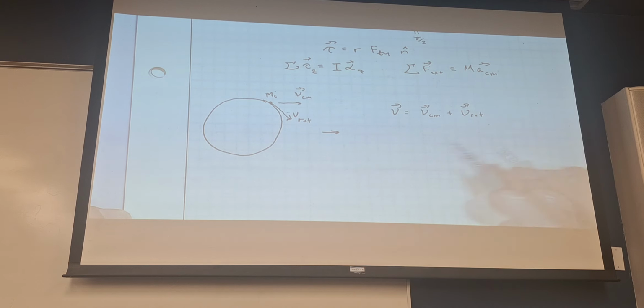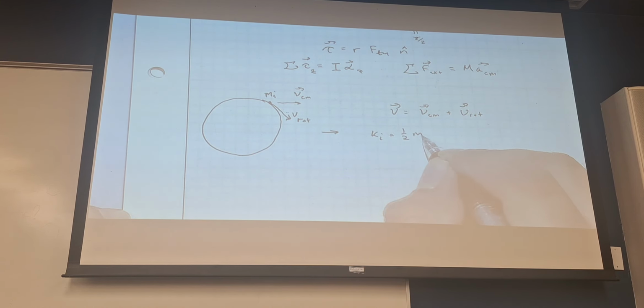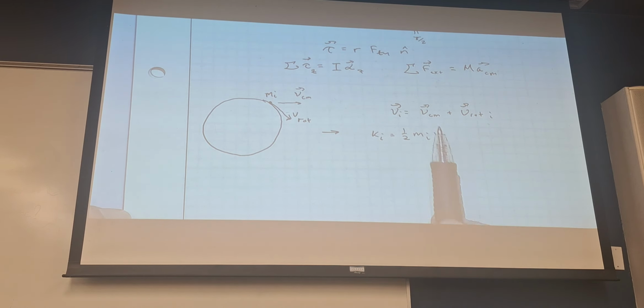And if we were to do this, this would be k_i equals 1/2 m_i v_i squared, so this is i. V_CM is the same for all particles, right?